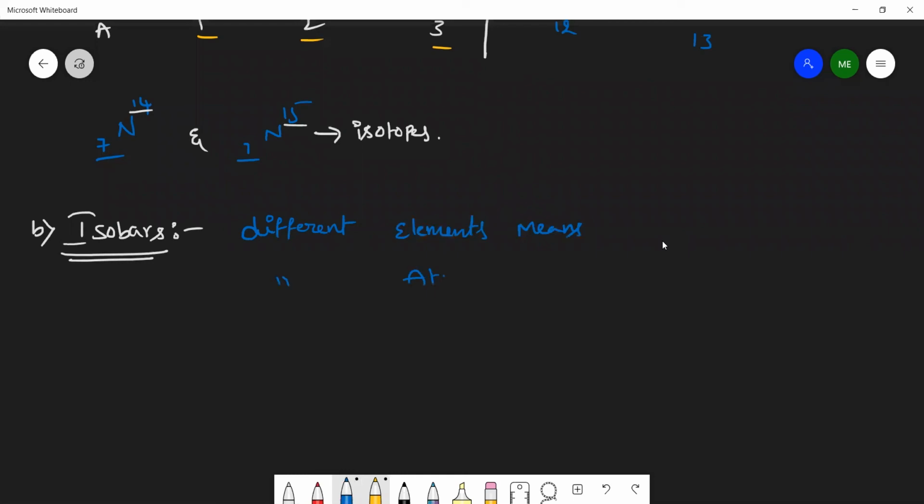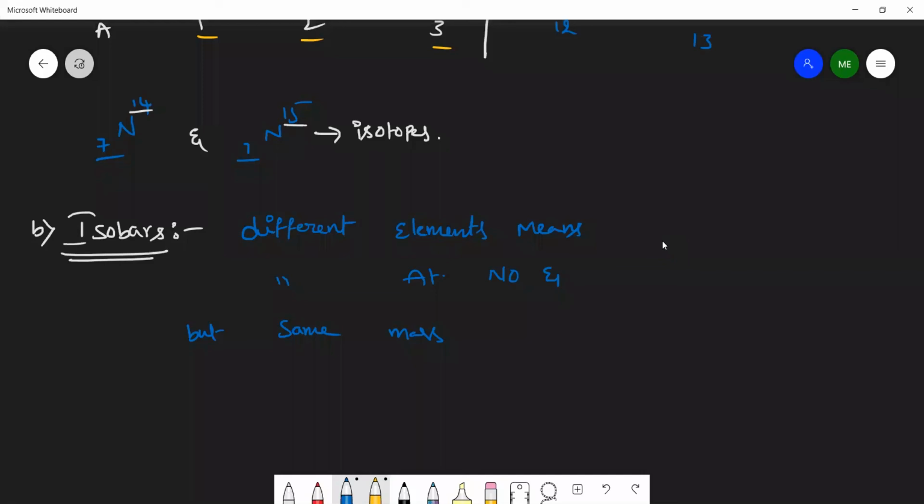See the example here, C6 14 and N7 14. What is the relationship between these two? Both are different elements, with different atomic numbers. The mass is 14 here and 14 there.